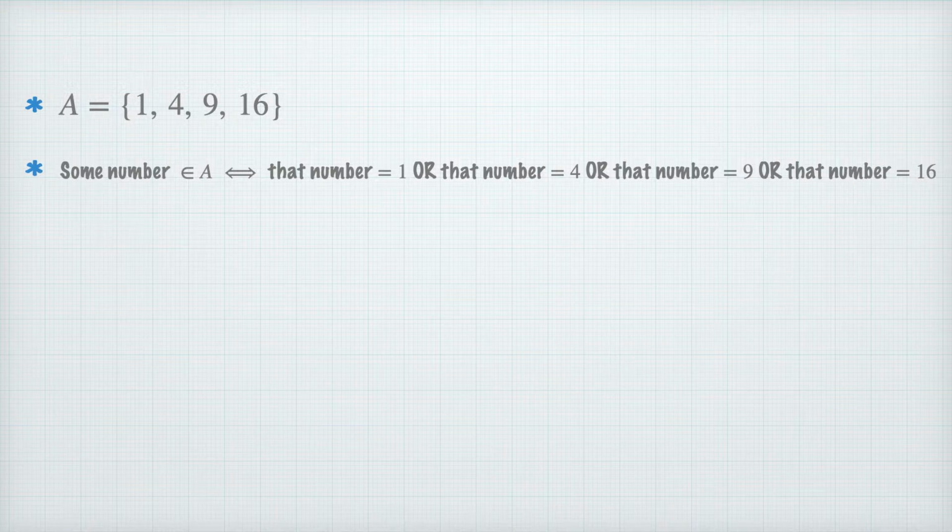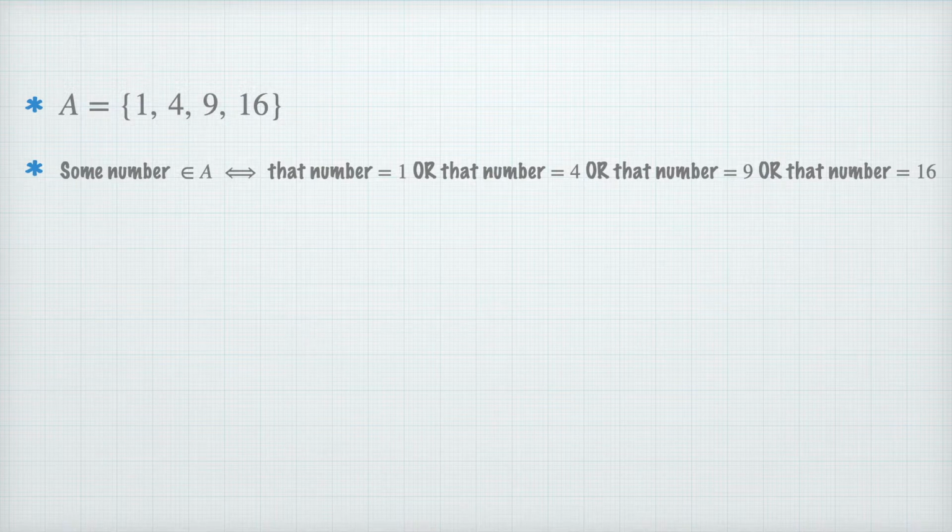Either way, however you like to think about this symbol, it means element of, or in, or belongs to, and it's known by all of these different words, but all it really means is, well, if I say some number in A, all I'm trying to say is, is that number actually found inside of A?